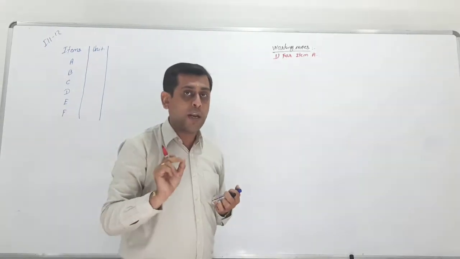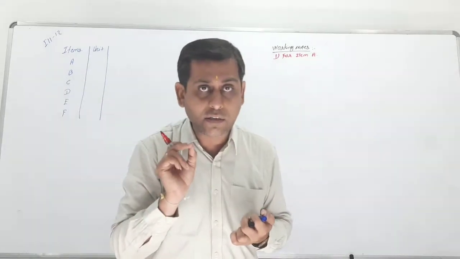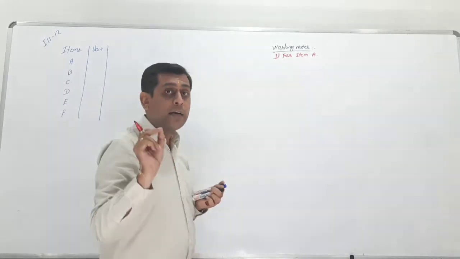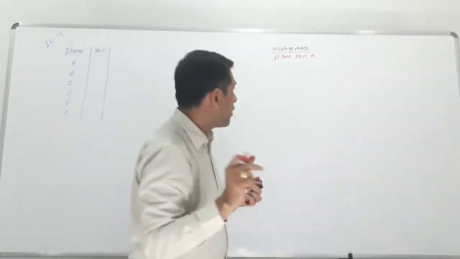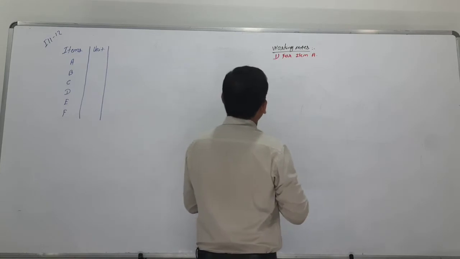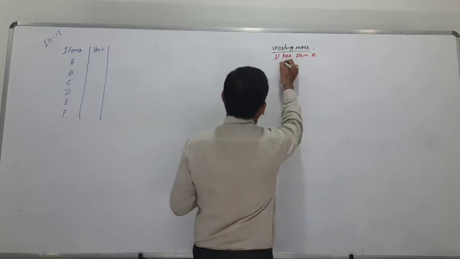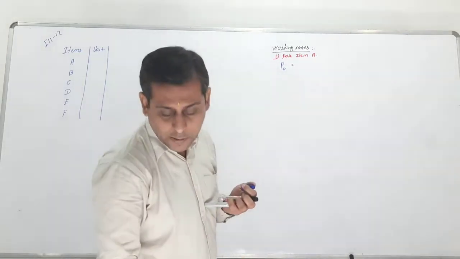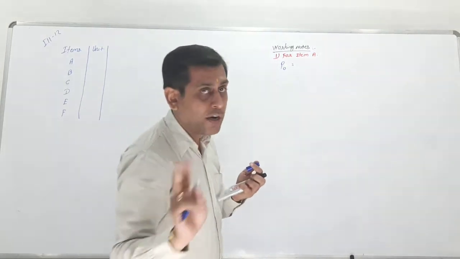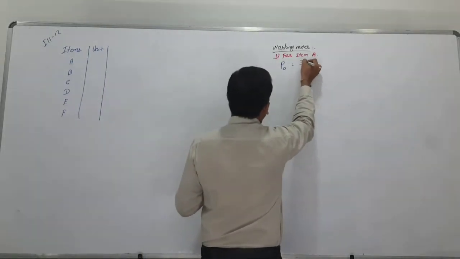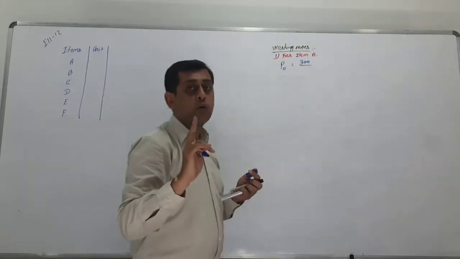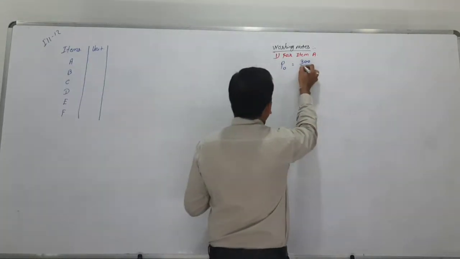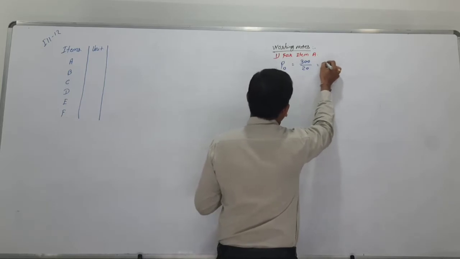And I told you, whenever any digit is given in the unit column, you have to remove it by dividing its price. So the working note for that is: P0, the price of that particular item for the base year, is 300, and we have to remove 20, the digit, so we divide the price by 20.